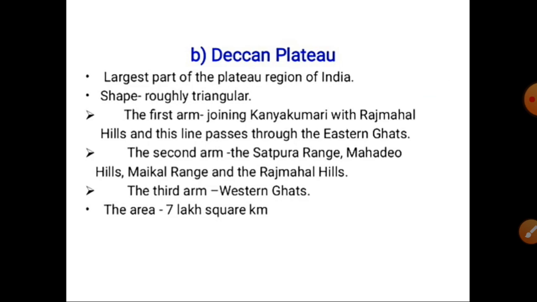The second arm is the Satpura Range, Mahadeo Hills, Maikal Range and the Rajmahal Hills. The third arm passes through the Western Ghats. The area covered by the Deccan Plateau is 7 lakh square kilometers. Students, this is your important 2 marks. Please note it down.